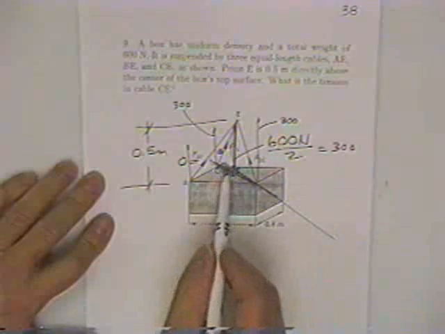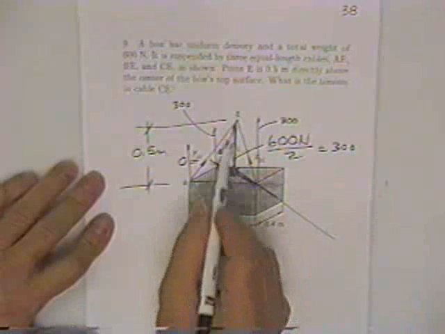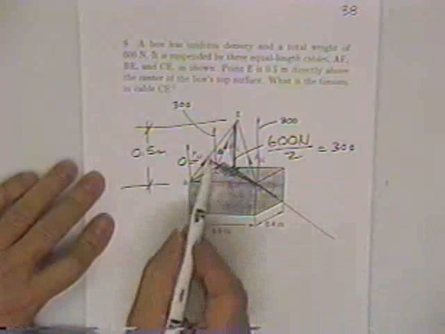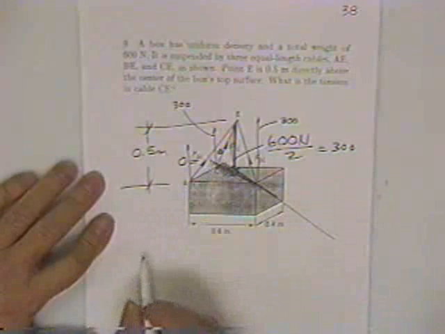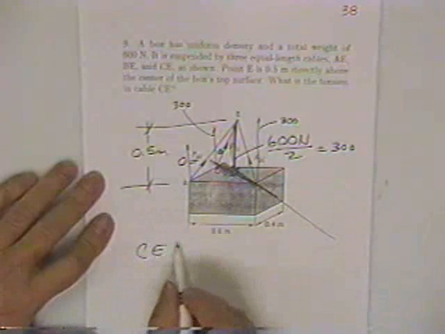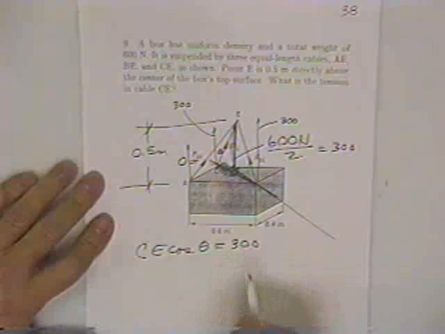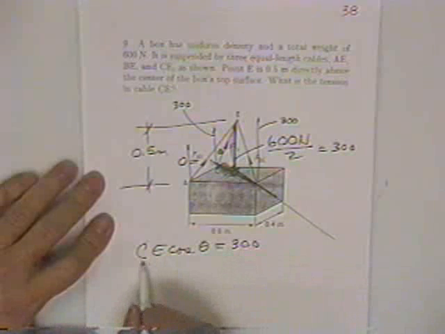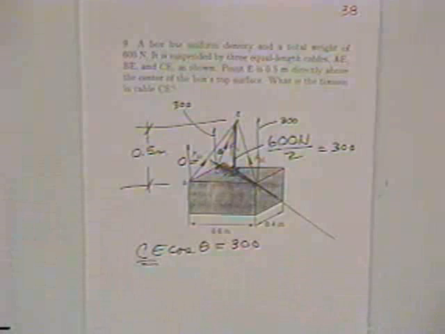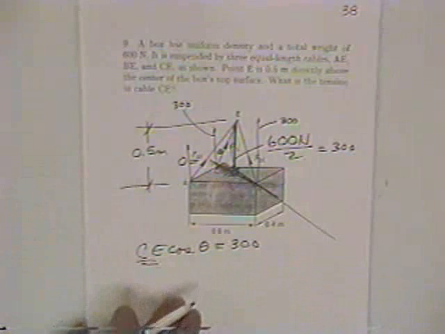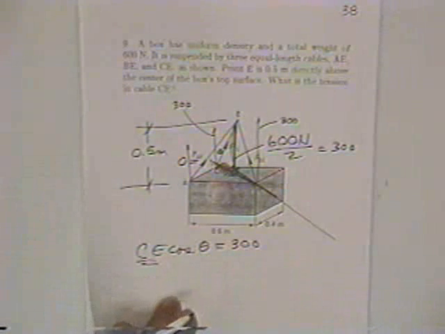Those 2 numbers right there would give you the angle of this wire, CE. Then you'd multiply the CE times the cosine of that theta and put 300 in each of the wires, and then you got the answer for CE. So watch out for things that look too easy.